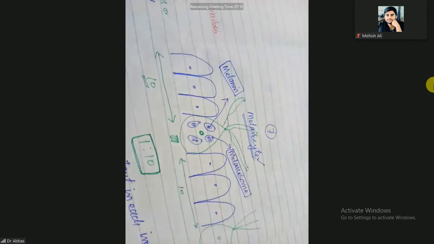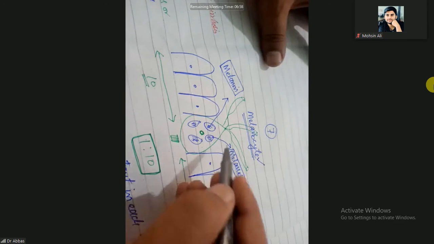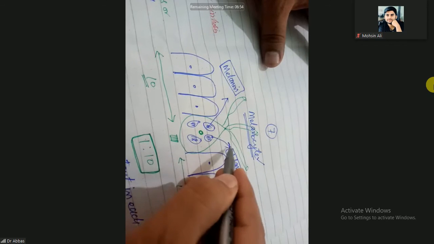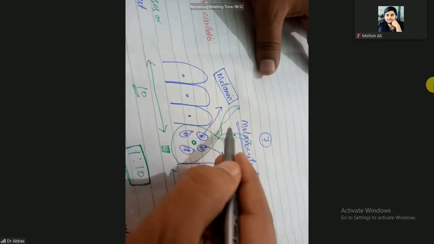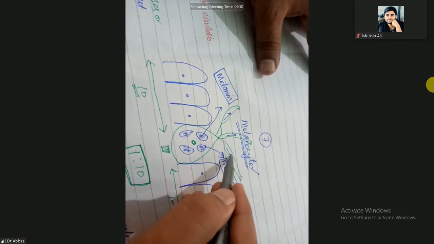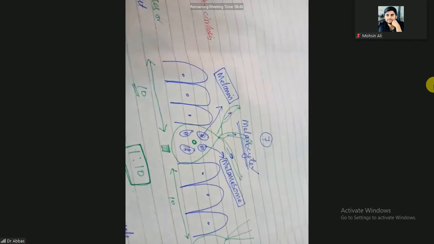So melanocytes are cells that have melanosomes in their cytoplasm, and melanosomes are filled with melanin. These melanosomes will secrete the melanin into their processes, and then the processes will transfer this melanin to the keratinocytes.